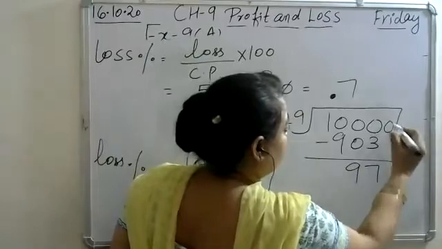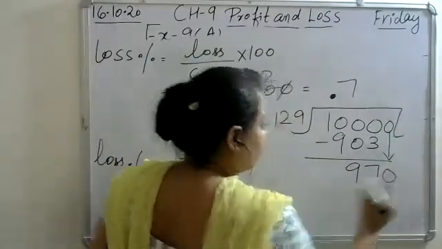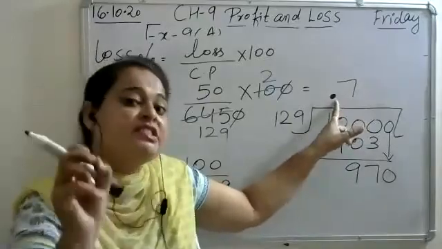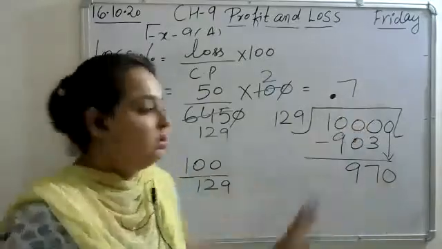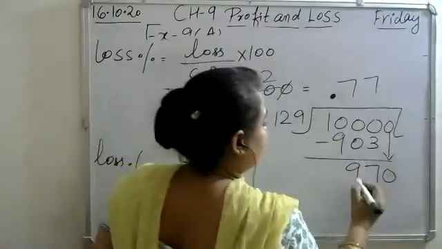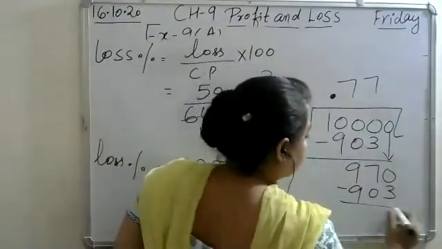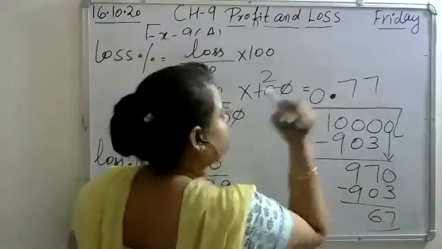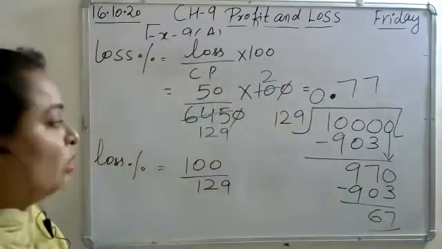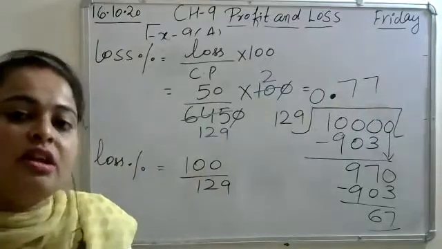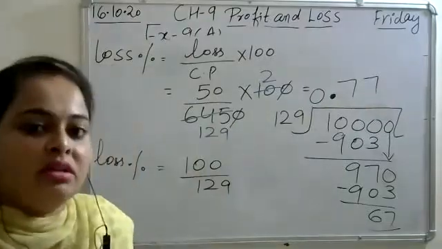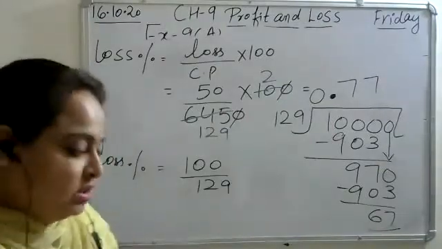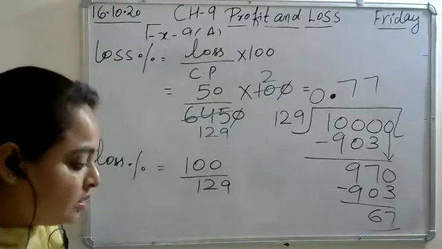Now 0 comes down because of this decimal, in each step you will get 0. So again 7, 903 and 67, and before the decimal put here 0. अगर डायरेक्ट डिवीजन नहीं होती है तो हम डेसिमल का यूज करते हैं, बिकॉज डेसिमल से हमें एक 0 प्रोवाइड हो जाता है. So this is the way to solve the sum.